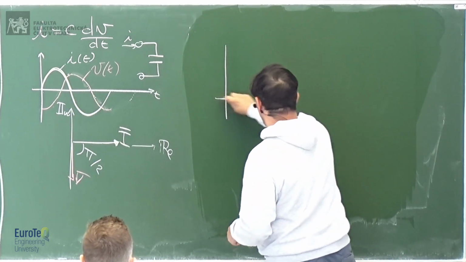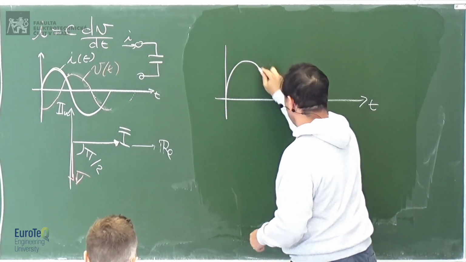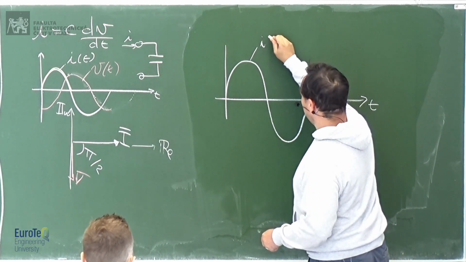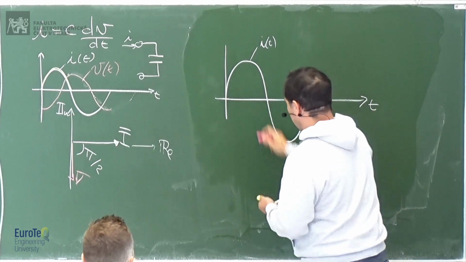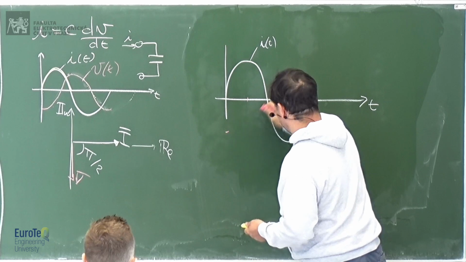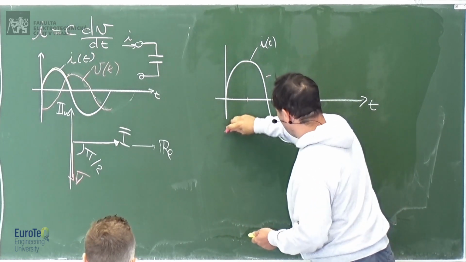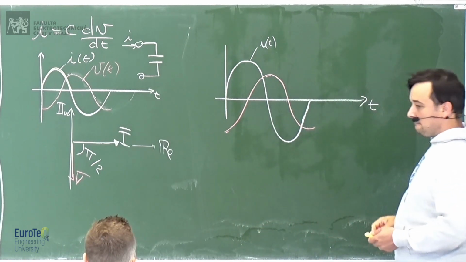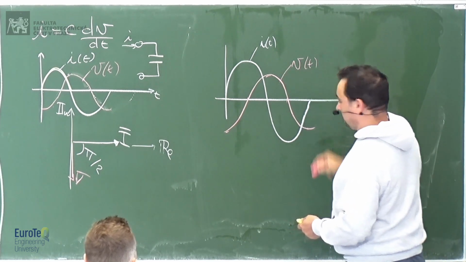So, let's draw again. This is the current, correct? And now I have the voltage here. So this is our voltage, okay?